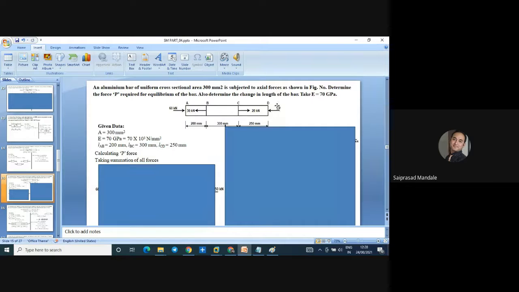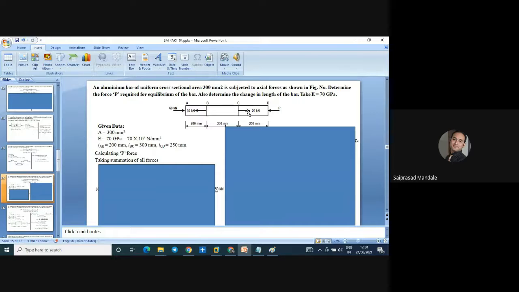For equilibrium, the summation of all forces should be equal to 0. So 60 minus 30 minus 60 plus 60 minus 30 plus 20 minus P. 60 minus 30 is 30.